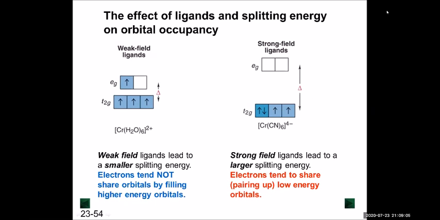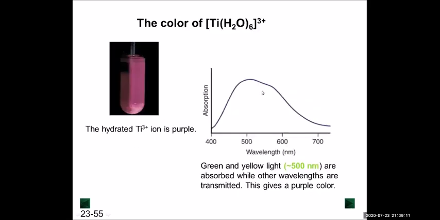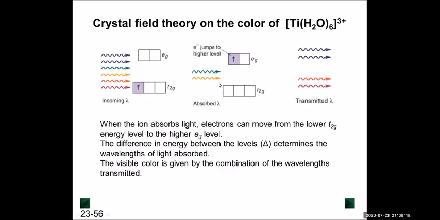So they are very different in the magnetic properties. The color of the transition metals comes from absorption involving the d orbitals, and here's the explanation why there's color. The color, or the wavelengths of light being absorbed, depends on the ligands.